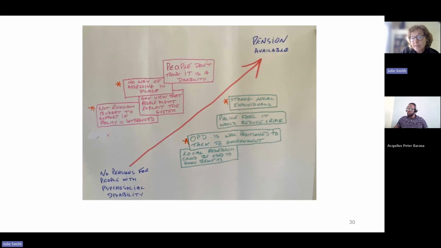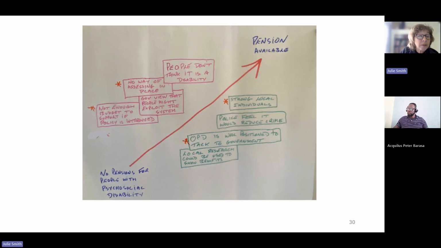And then on the other side, what are the things that could push change along? You've got a few strong local individuals who are really good advocates, and the OPD is really good at talking to government. Then you've got some good local research about the benefits of pensions.